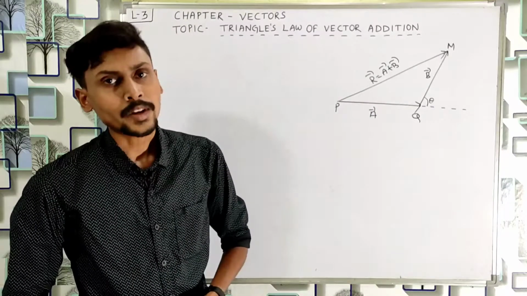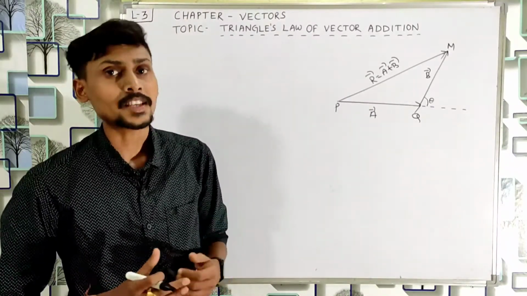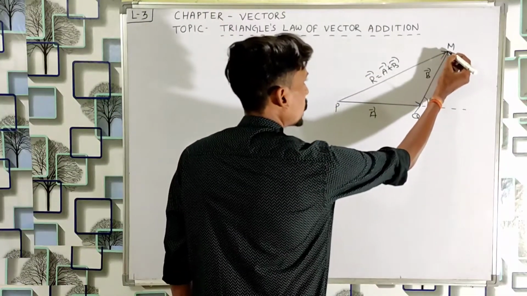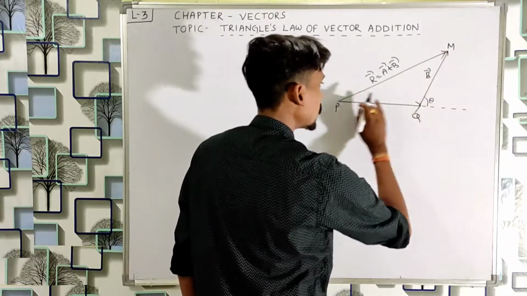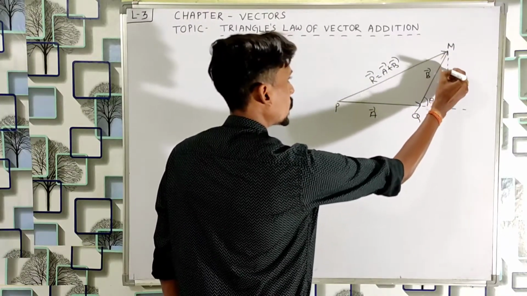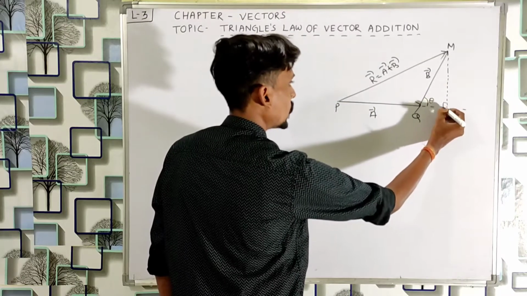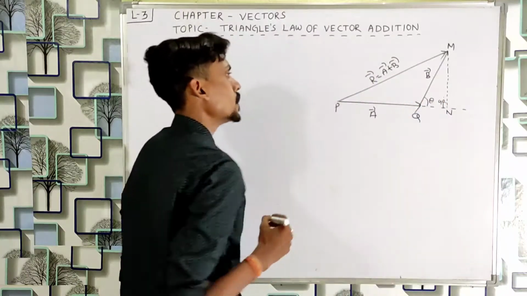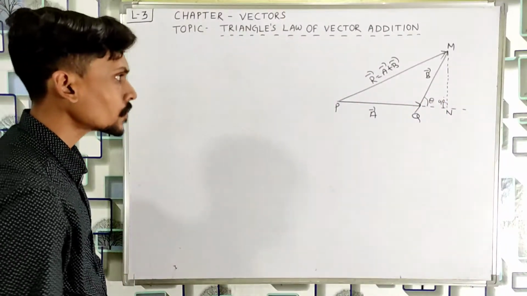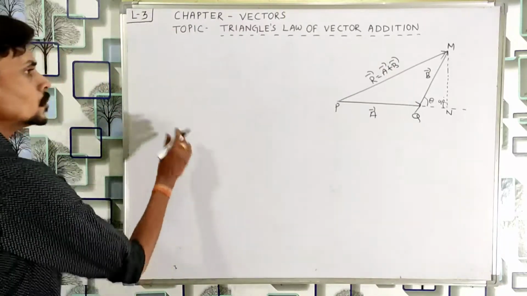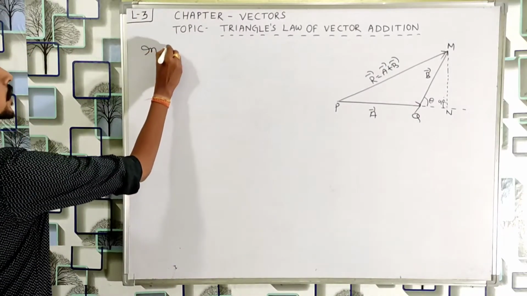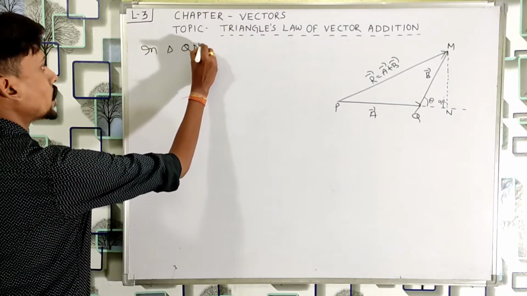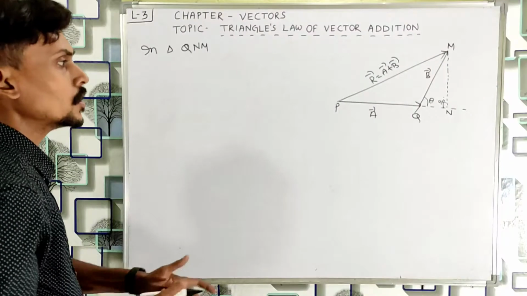So we have to find the expression for the magnitude and the direction of the resultant vector. So let me draw a perpendicular from the point M onto this line. If I draw a perpendicular like this, the angle will be 90 degrees, and suppose this is point N. Now look at the triangle QNM.